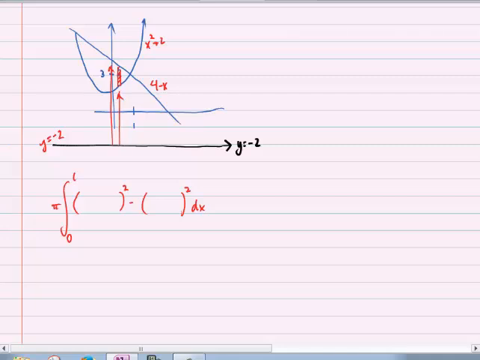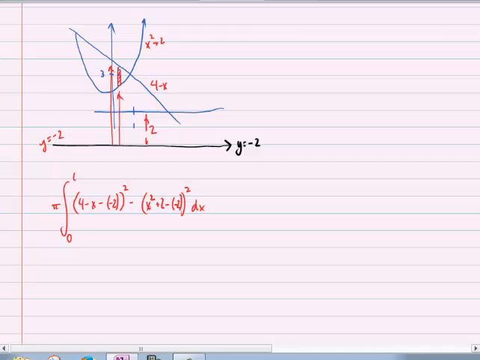And notice I'm factoring the pi's out, and my function for the outermost is going to be 4 minus x minus -2, because of this additional 2 units. And then the other one will be x squared plus 2 minus -2.